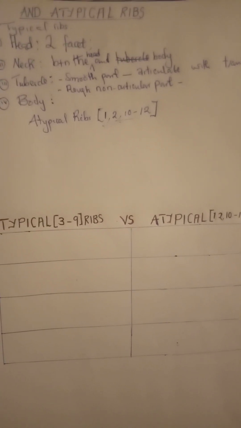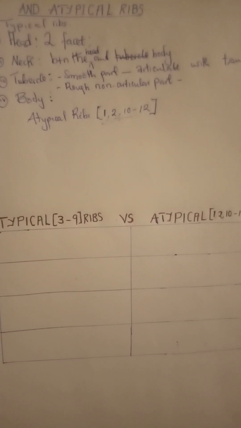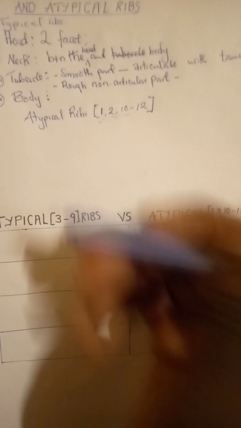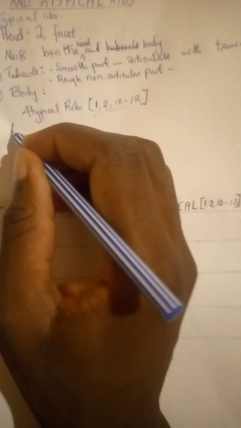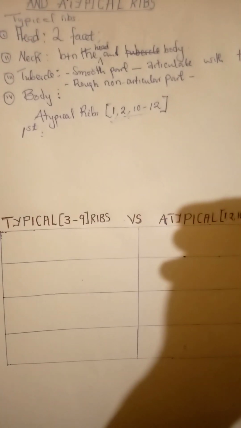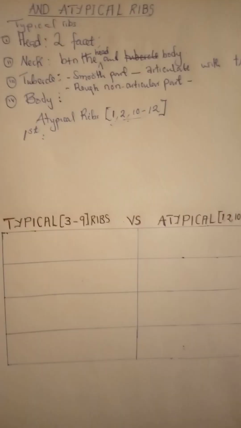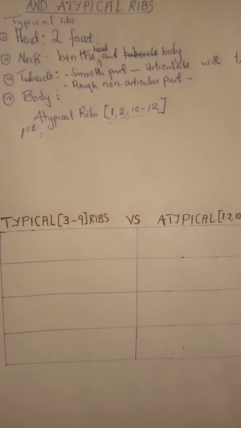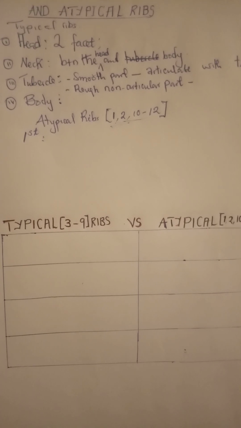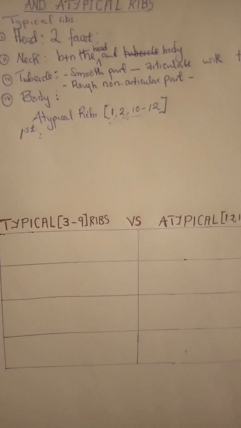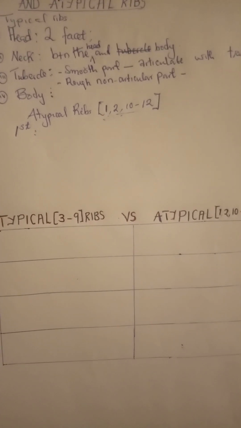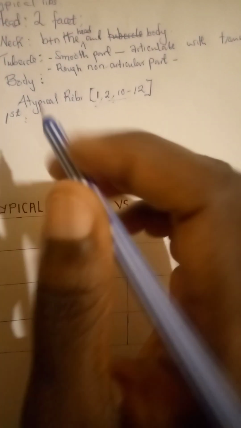So let's start with rib 1, the first rib. The first rib is the broadest rib. It has only one facet.